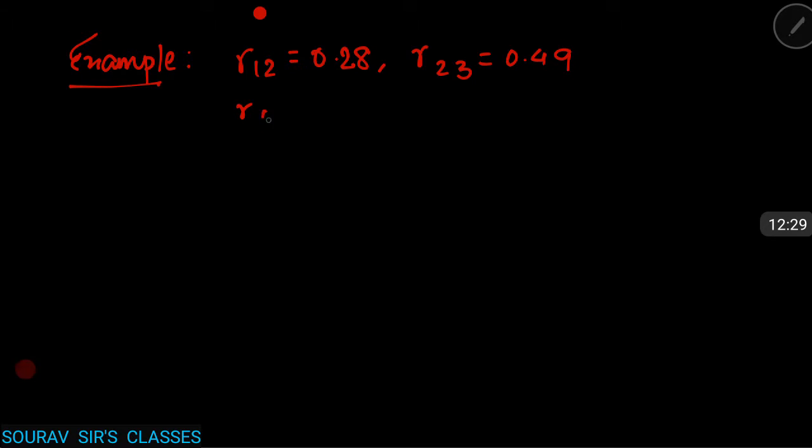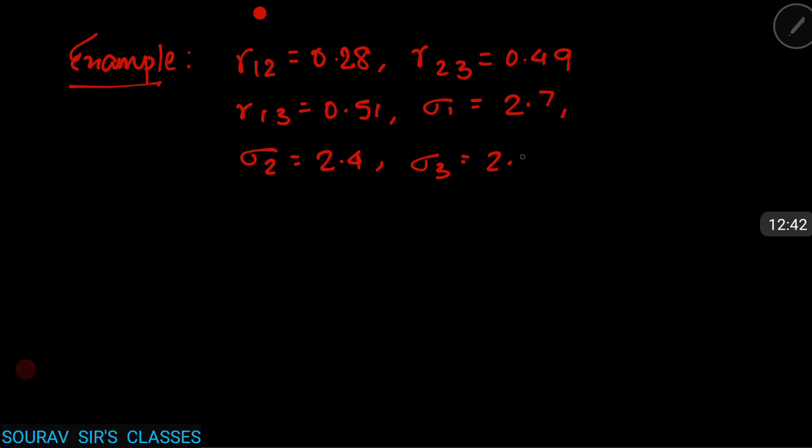The next example, given r12 is equal to 0.28, r23 is equal to 0.49, r13 is equal to 0.51, sigma 1 is equal to 2.7, sigma 2 is equal to 2.4, sigma 3 is equal to 2.7. Find the regression equation of x3 on x1 and x2.